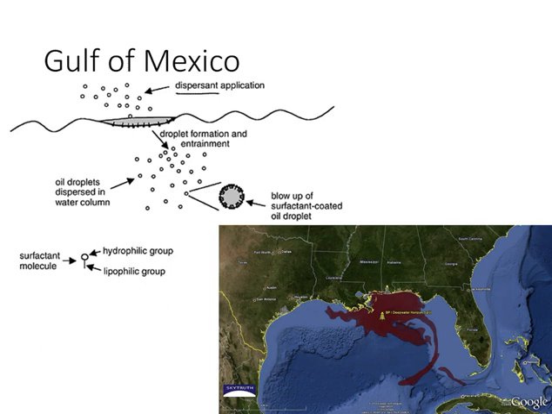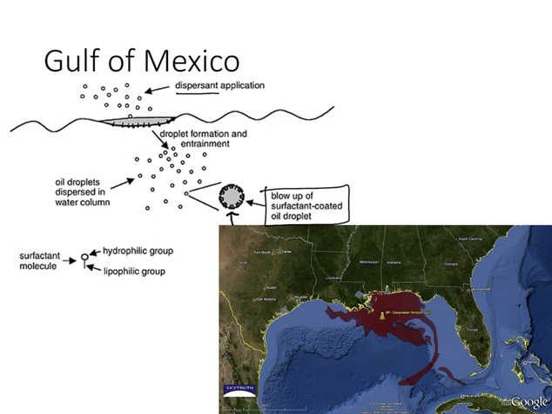So a dispersant basically will trap these oil particles and then weigh them down, so they'll sink to the bottom of whatever body of water they're in. So you can see here we've got a blow up of a surfactant-coated oil droplet. And you can see the same picture I drew earlier there.